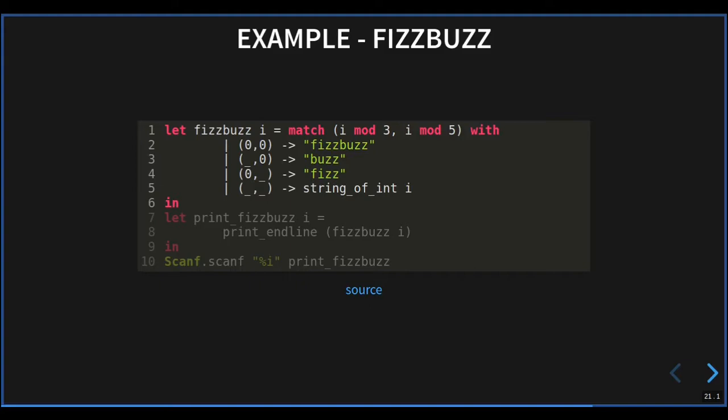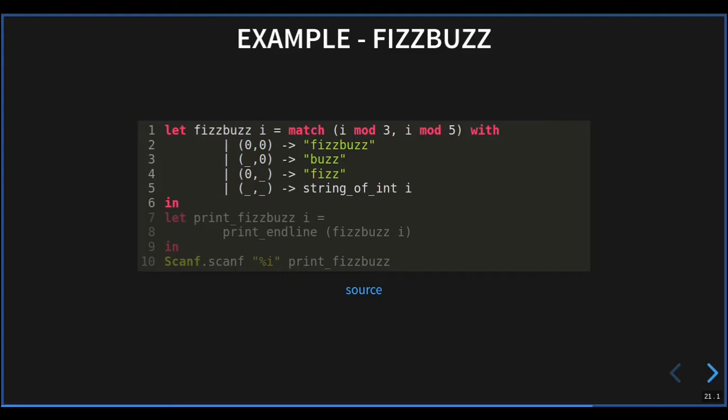And if this pattern won't match, then we check if the value is divisible by 5, for which we would return the buzz string. And if it also won't match, we try checking if the value is divisible by 3, then we return fizz. And if none of this matches, we just convert the integer to string.